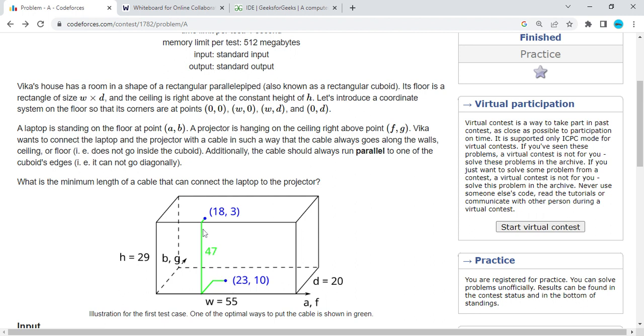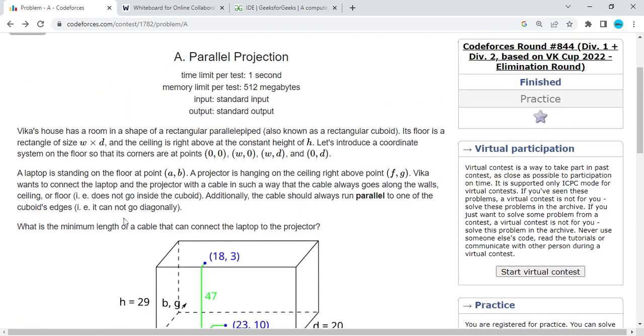As you can see, this green line is parallel to this edge and this edge, and this green line is parallel to this edge and this edge. Therefore we have to find the length of the minimum wire which is parallel to the edges.